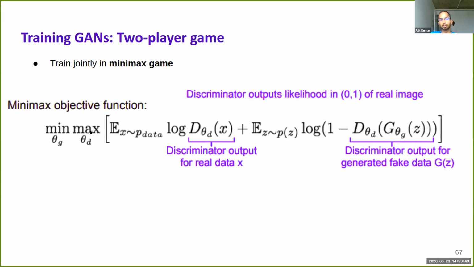The discriminator is trying to maximize this so that this is close to 1 and this is close to 0, whereas the generator is trying to minimize this, because its loss function is basically the negative of the discriminator's loss function.